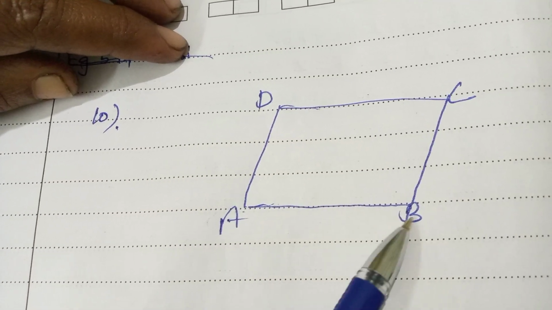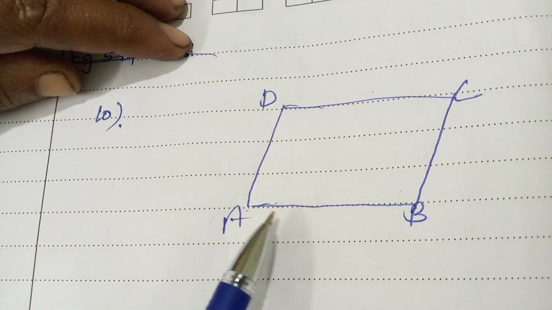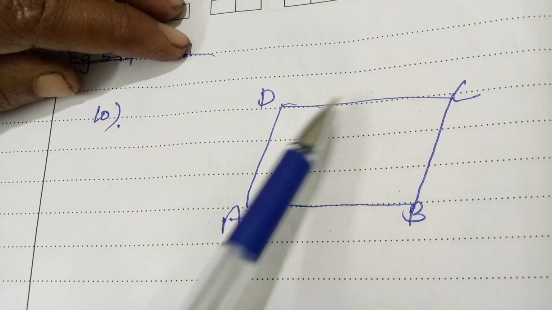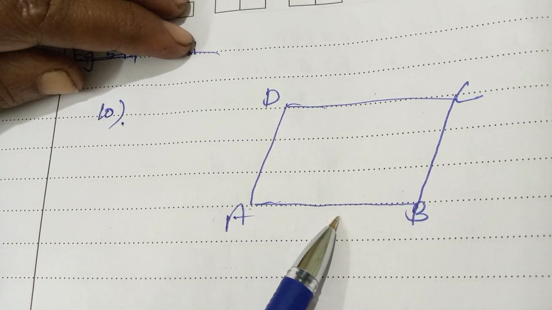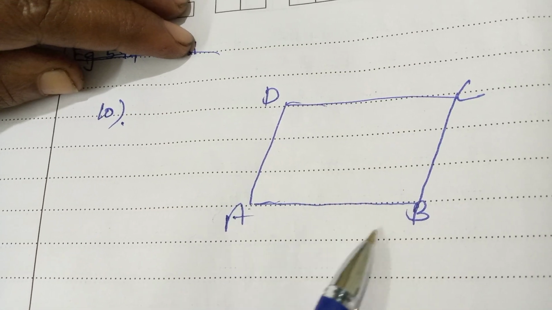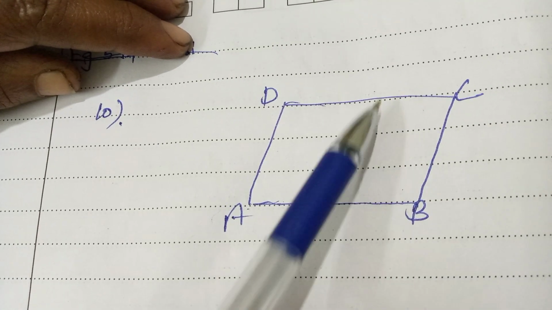First of all, find the slope of AB, then the slope of CD, then compare both slopes. You will get the same value. Then you can say slope of AB equal to slope of CD, hence AB parallel CD.